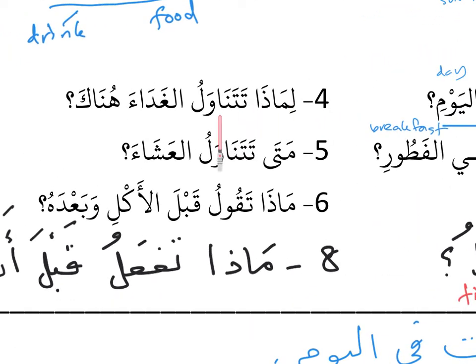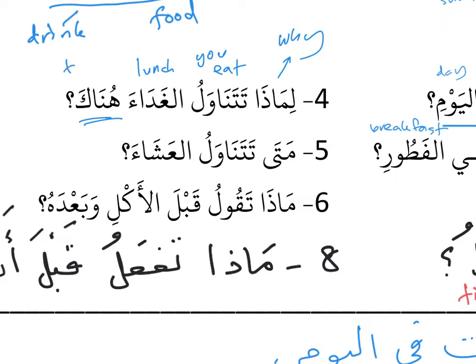Number 4. Limadha tatanawalu al-ghada'a hunaka. Limadha. This is why. Why do you eat ghada, lunch? We can replace this with some other word, with al-futur, with asha. Limadha tatanawalu al-ghada'a hunaka. Okay, this is a new word.